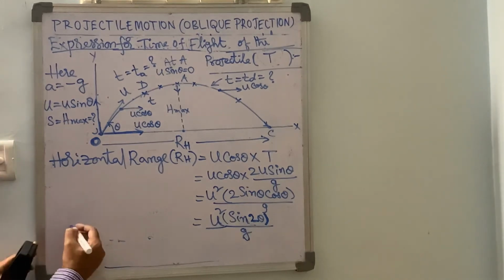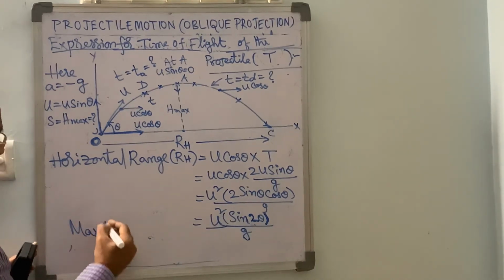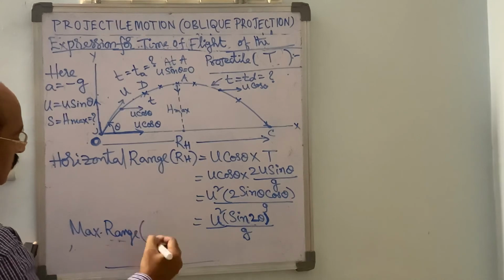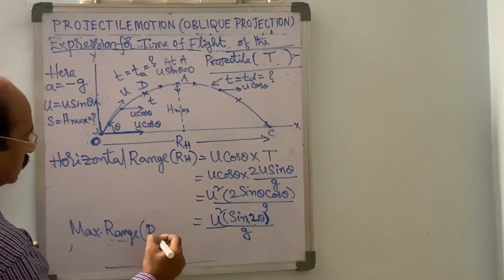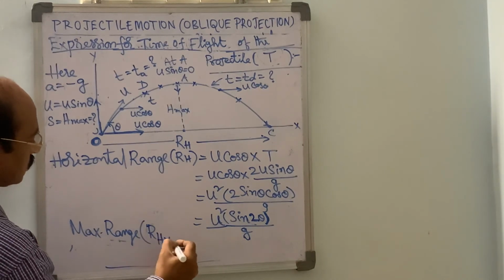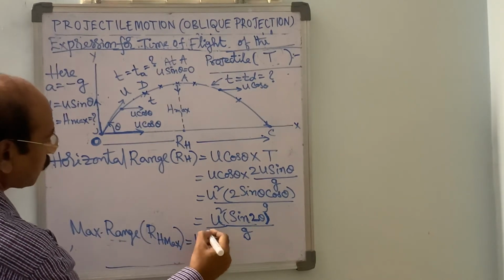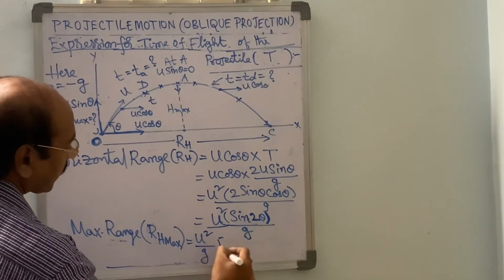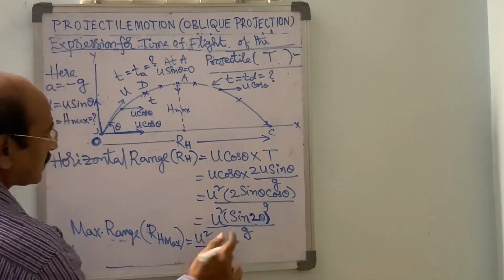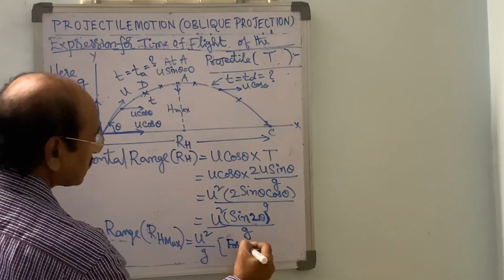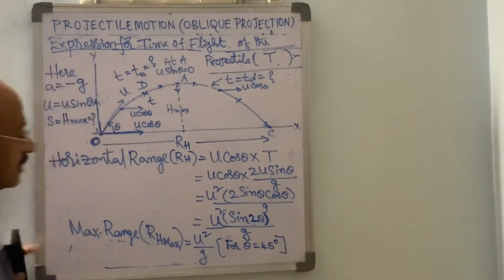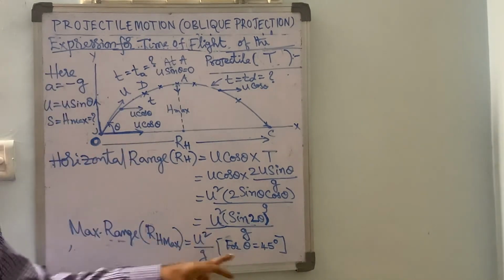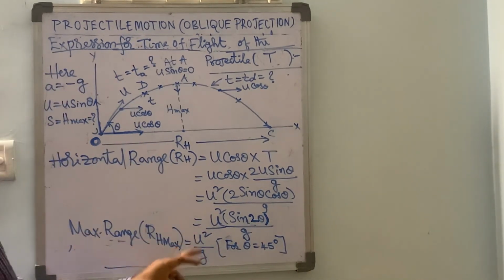So the maximum range is u square by g for theta equal to 45 degrees. So when we project the body at an angle of 45 degrees, then we obtain the maximum range for a given initial velocity.